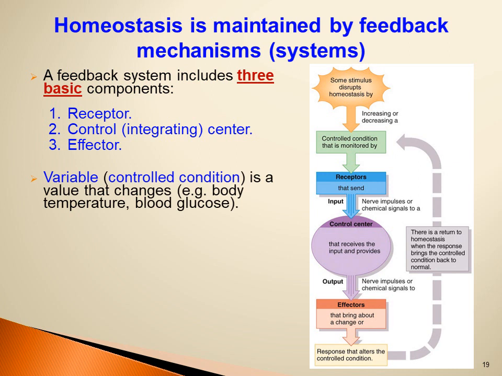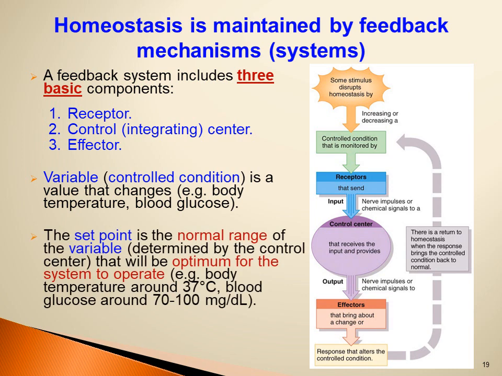We have to familiarize ourselves with something called the variable, or the controlled condition. The variable is a value that changes. Examples are body temperature, blood glucose, blood pressure, and so on. And there is another important term called set point. A set point is the normal range of the variable, and it is usually determined by the control or integrating center, and this normal range will permit the optimum operation of the system.